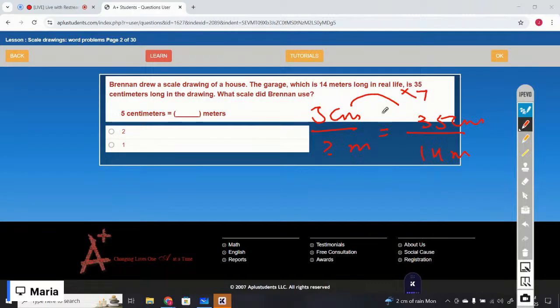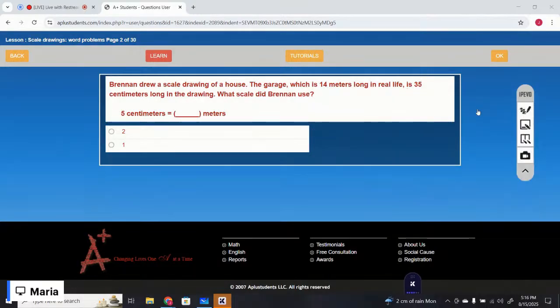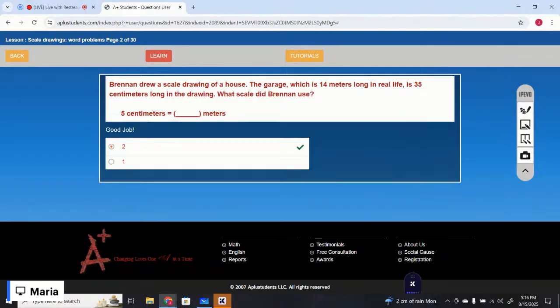So 5 times 7 is 35, right? So what number times 7 is 14? That is 2 times 7 is 14. So option number 1 is the correct option. 2 meters it is. So the scale is 5 centimeter to 2 meter.